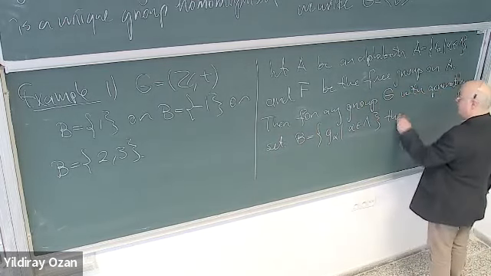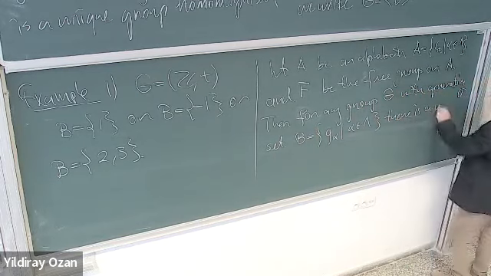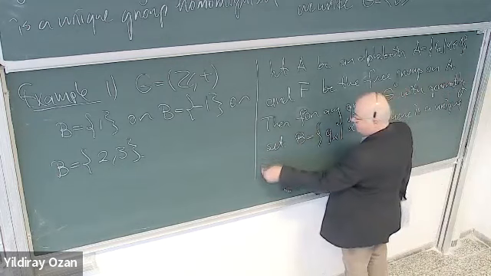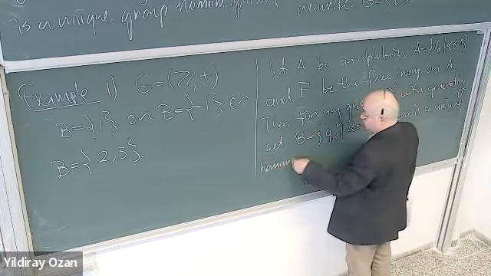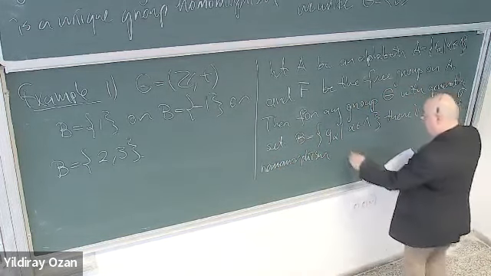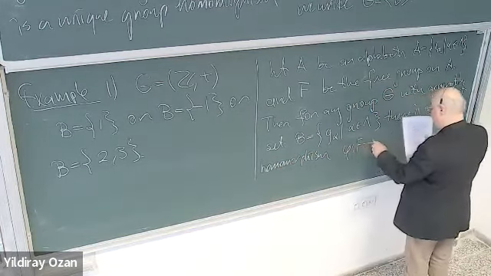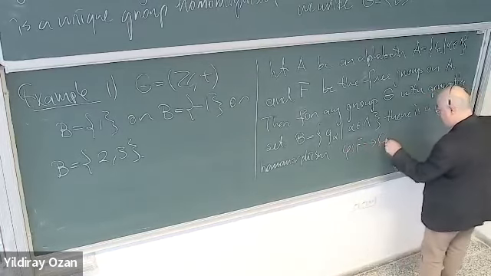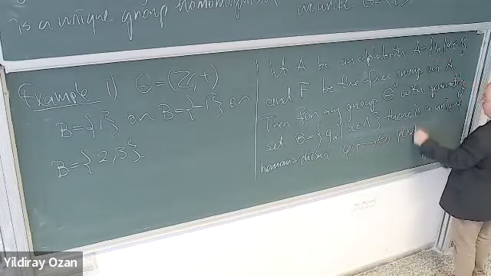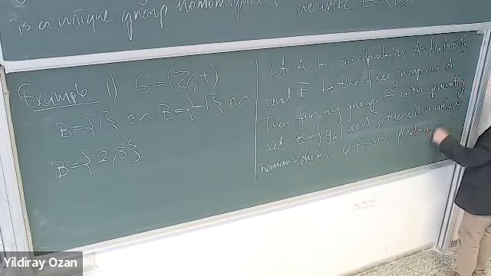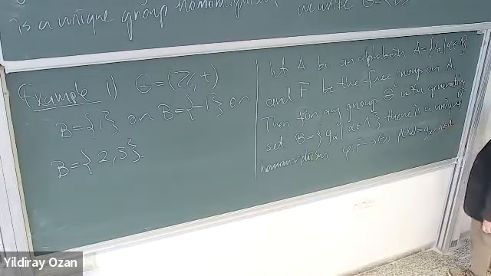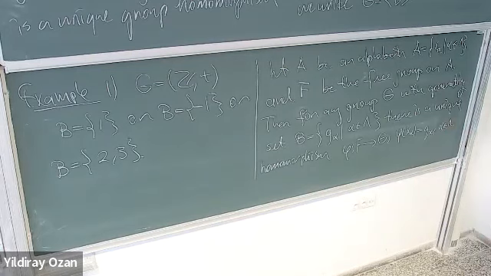There is a unique homomorphism phi from F to G, sending the letter X alpha to the group element G alpha for every alpha in the index set. Okay.